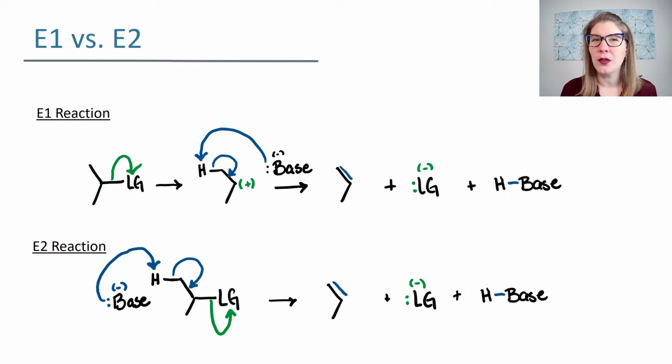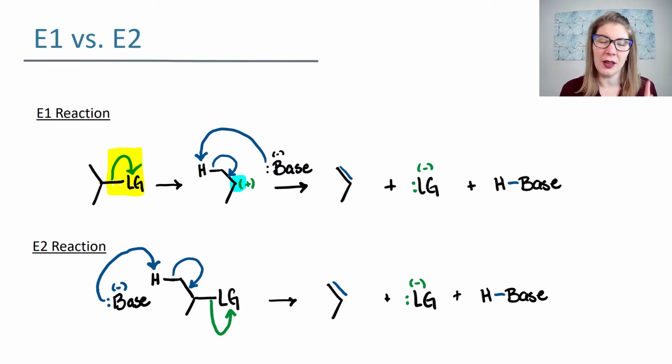Let's look at a quick overview of the E1 versus E2 mechanism, and then in other videos, we'll go deeper into those mechanisms. First, let's look at the E1 mechanism. In your E1 mechanism, this is, again, like SN1, a unimolecular reaction, which means that you have one molecule in the rate equation. What will occur is the leaving group will leave first on its own and create a stable carbocation.